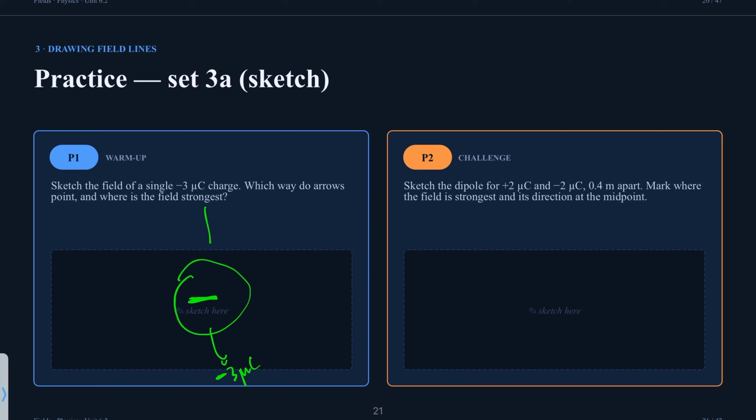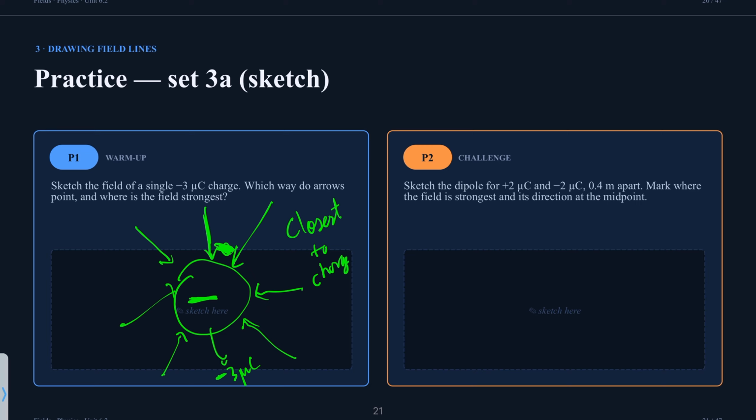So arrows are going to point radially inward, because that's just what happens to an electron, right? And the field is strongest closest to the charge, right? Because think about it, if you had another charge over here, then these two lines are pretty close to each other, right?